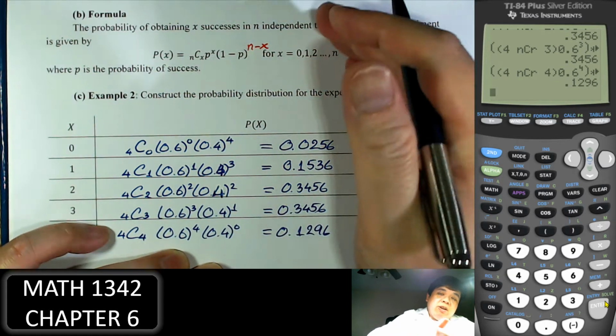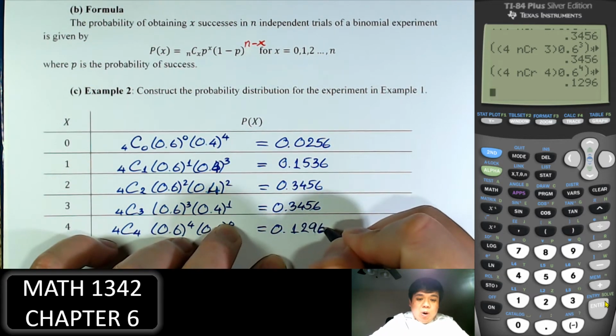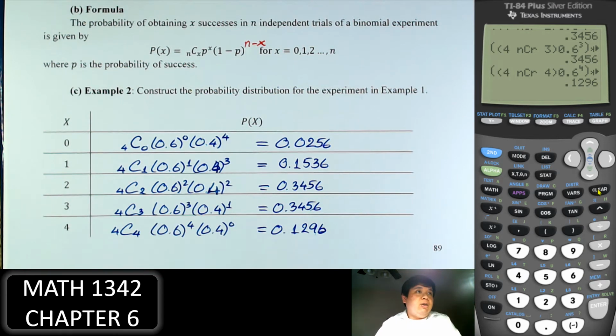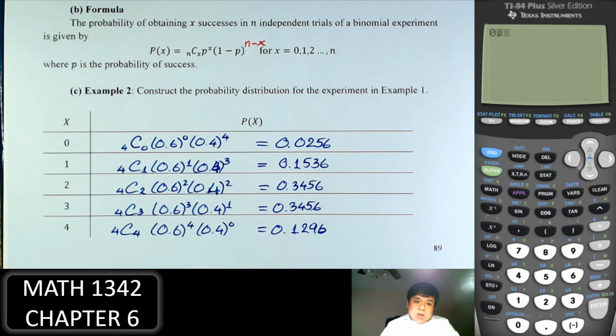Just to be safe, add all of this up to see if we have 1, and we should have 1, right? 0.0256 plus 0.1536 plus 0.3456, and so on. And we do have 1, so it's good.